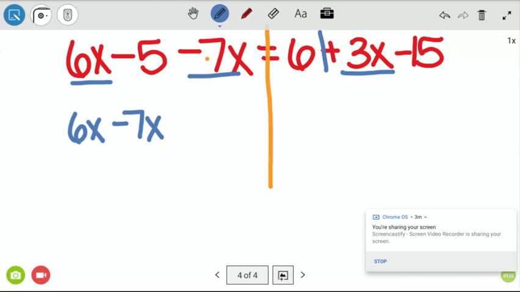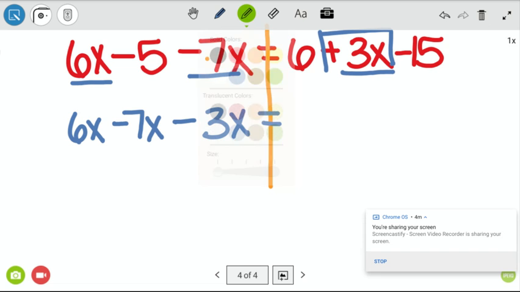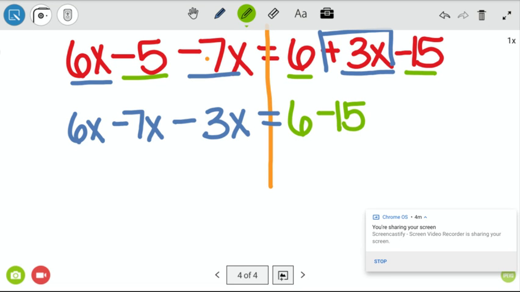Now this positive 3 is moving over, so it becomes a negative 3. Now on this second side, and let's use green, we have 1, 2, 3 numbers. The 6 and the negative 15 are already here, but this negative 5 needs to move over, so it's going to become a positive 5.